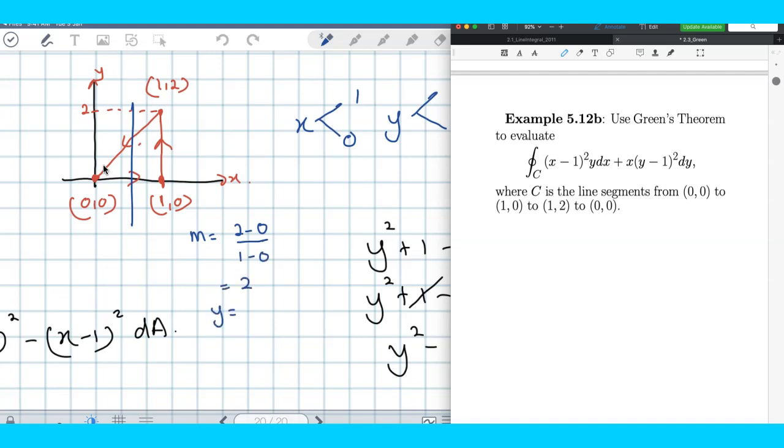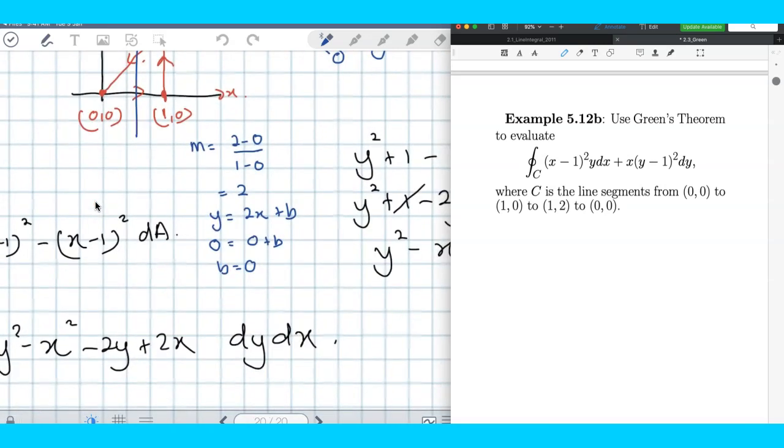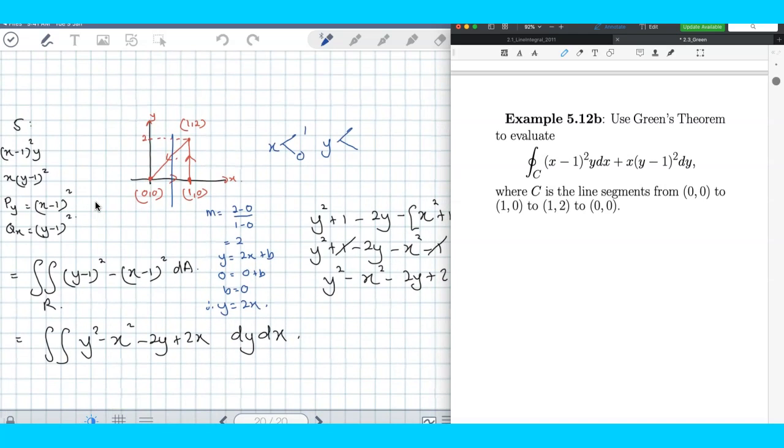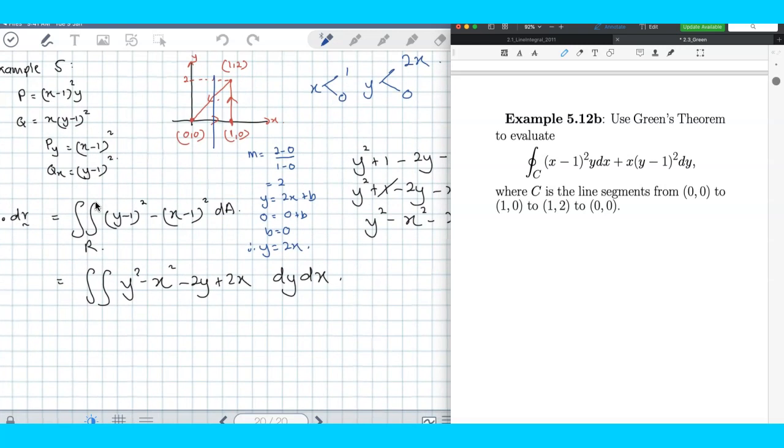So y equals 2x plus b, and replacing the point (0, 0), you get b equals 0. So the equation we obtain is y equals 2x. Then you can determine the limit of y from 0 to 2x, and x from 0 to 1.